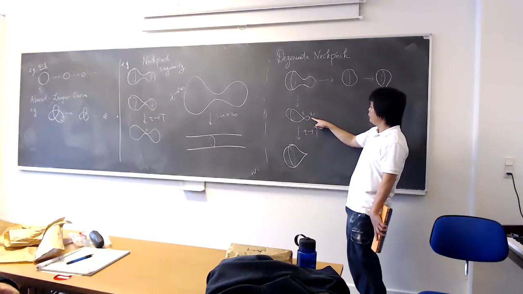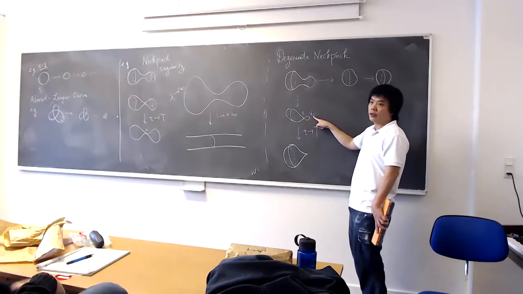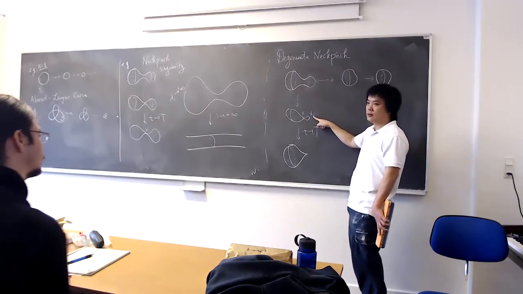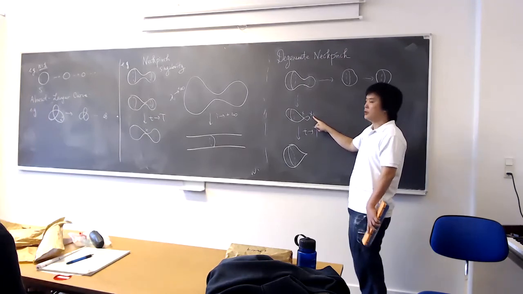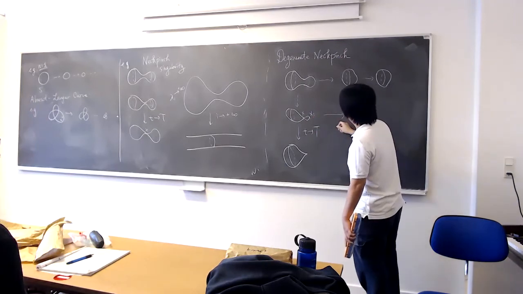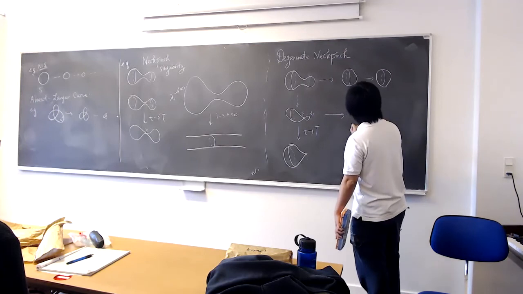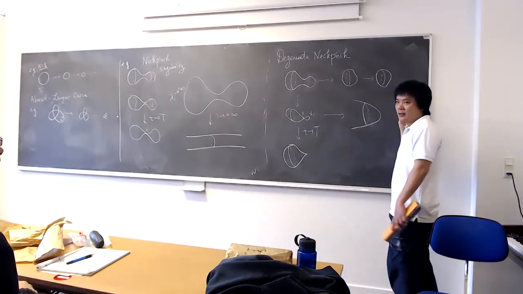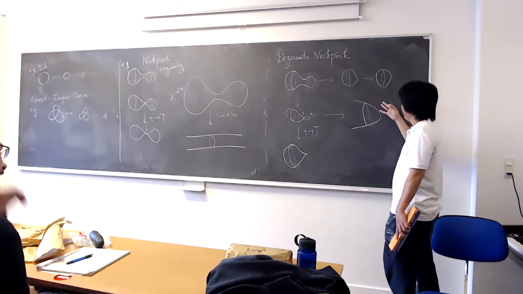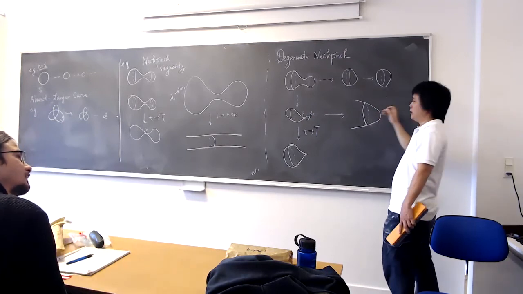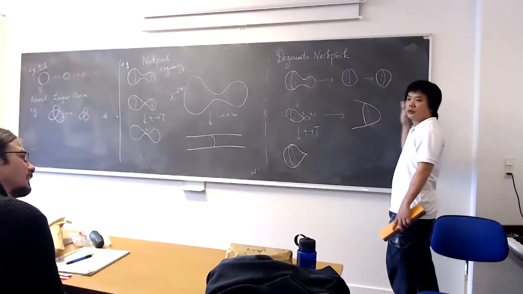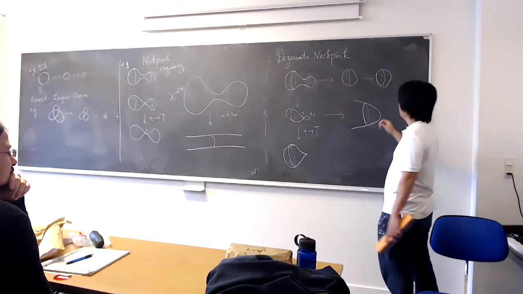But if you choose this point to be moving, you get something completely different. It becomes what we call the bowl solution. This is another weird mean curvature flow where the shape is not changing, but it's moving along one direction. It's what we call a translating soliton.